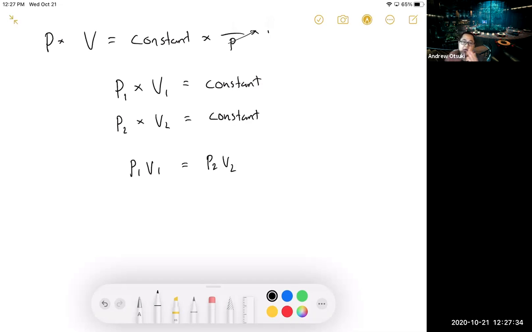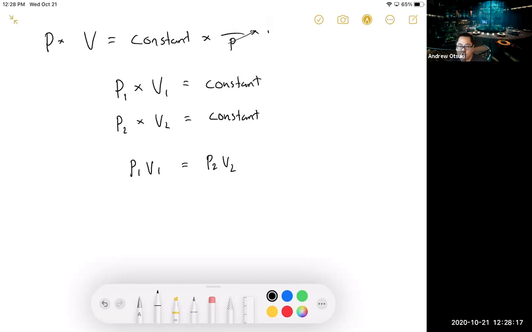And the constant allows us to do this, and that proportionality of pressure inversely proportional to volume, we can set them equal to each other and solve. So that's another reason why we need a constant, because it has a constant number, and then the other set of values will have a constant number. Then we can set them equal to each other. That's what makes us able to set these two sets of variables of pressure and volume equal to each other and solve for an unknown essentially.